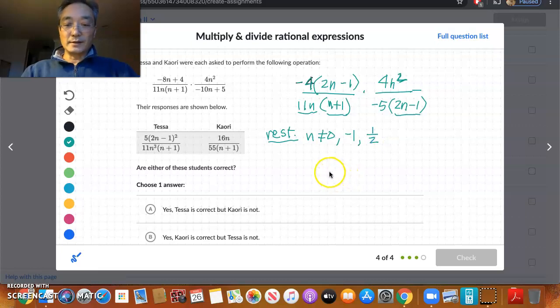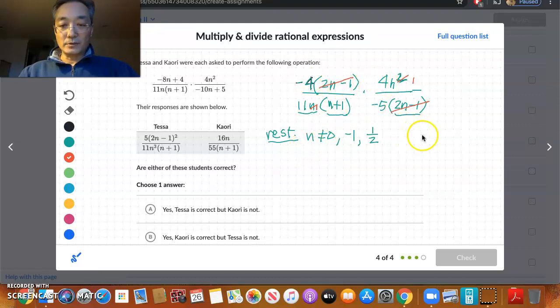I think that takes care of all the restrictions. Now let's simplify. We have a 2n minus 1 canceling out with a 2n minus 1. We also have an n here that's going to cancel out with one of the n's here, so that 2 goes away, leaving us with just 1.